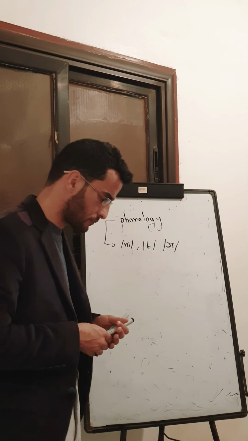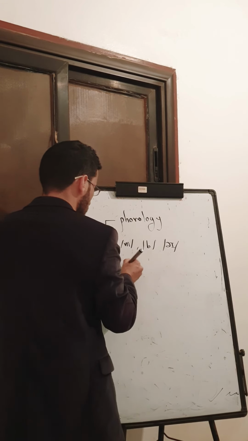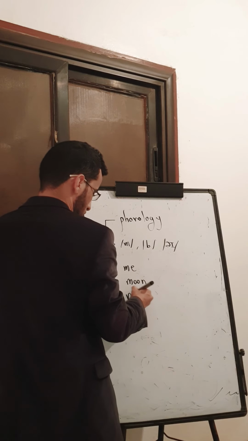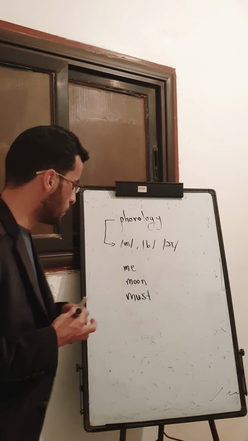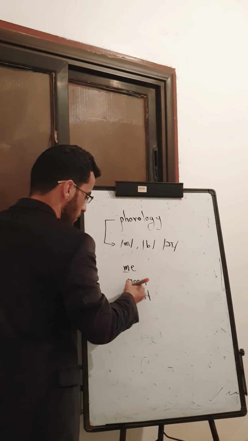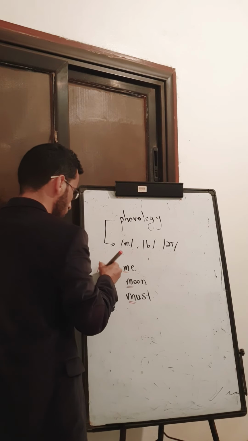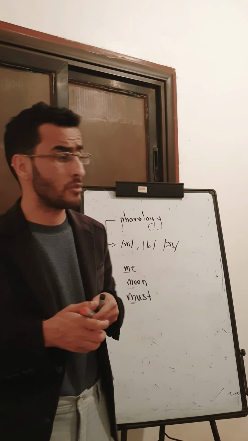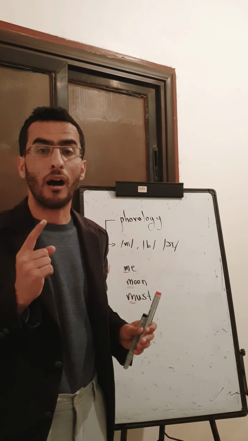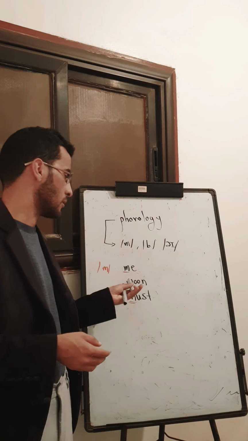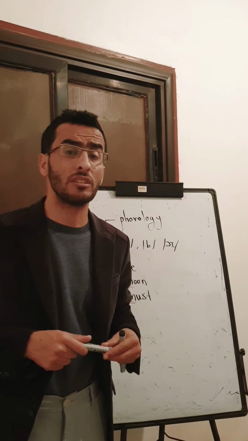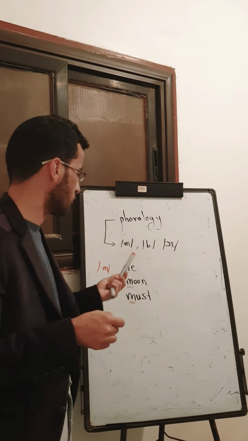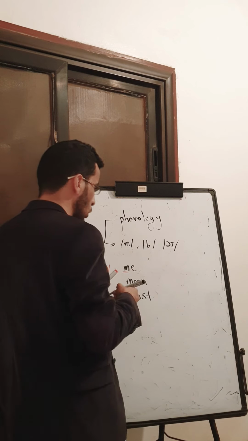For example, in English we have me, and we have moon, and we have must. هذينا one phoneme sounds, but different allophones: me, moo and must. واحد verbalized، واحد liberalized، واحد volatilized. طبعا هذا موضوع آخر. لكن نظرا للبيئة الصوتية، phonetic environment, they make up allophones.